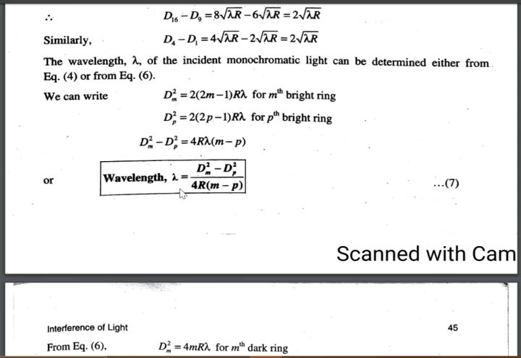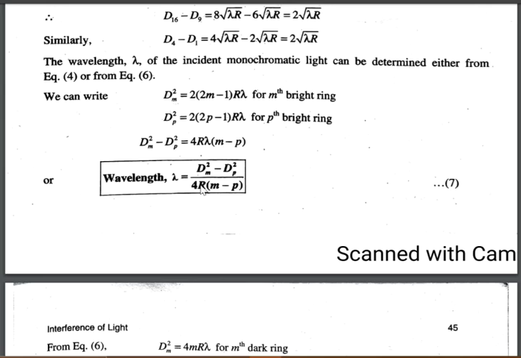So therefore wavelength lambda will be equal to (dm square minus dp square) divided by 4R(m minus p). Here m minus p is an integer, the difference of the orders of the mth bright fringe and pth bright fringe.